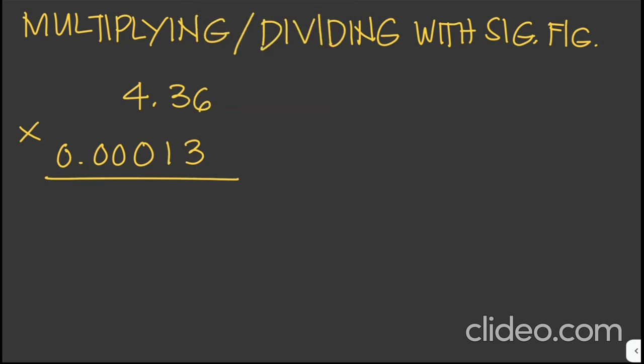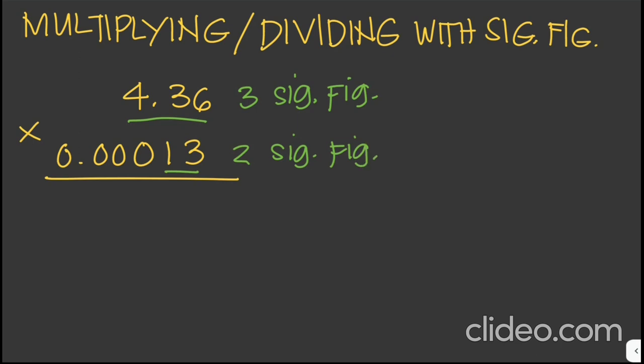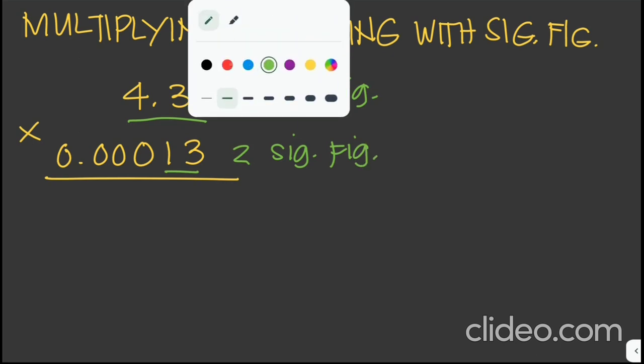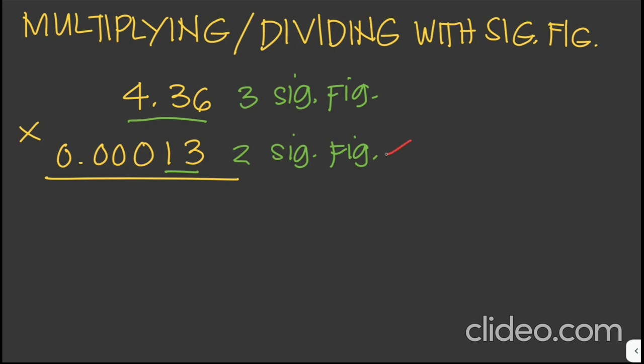Applying the rules of significant figures, the first number here has 3 significant figures, while the second one has 2 significant figures. Therefore, the second one has the least number of significant figures. Therefore, our answer should be rounded off to 2 significant figures only.